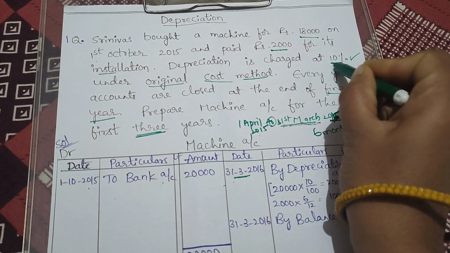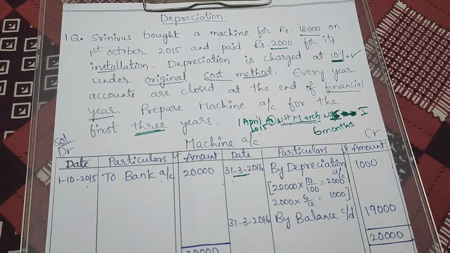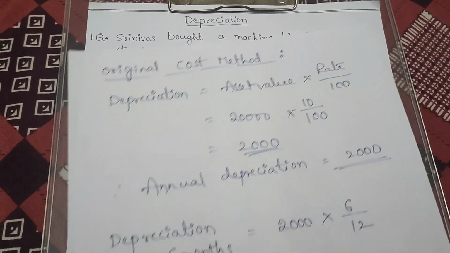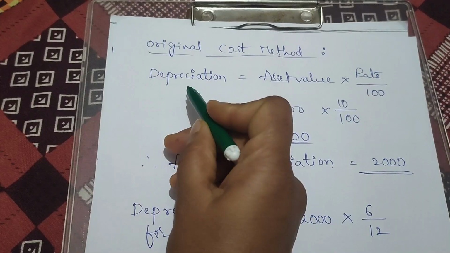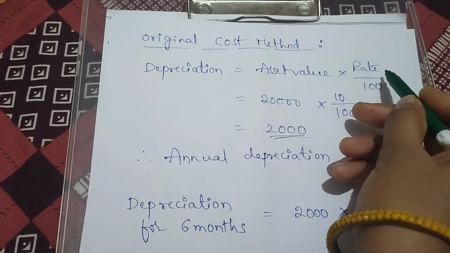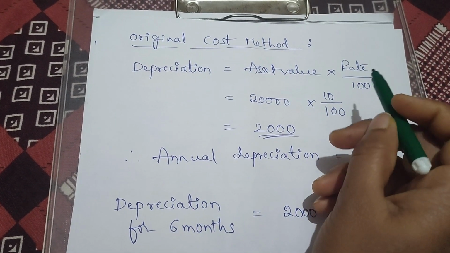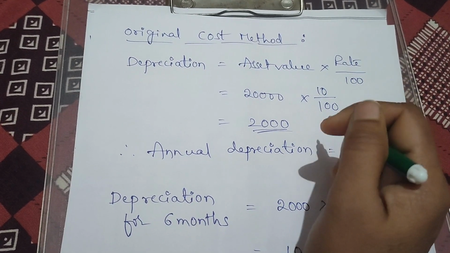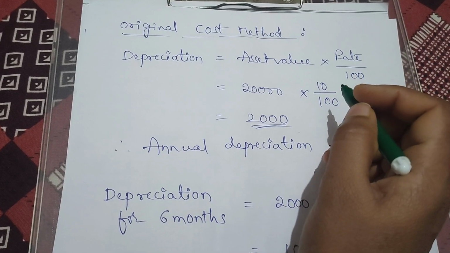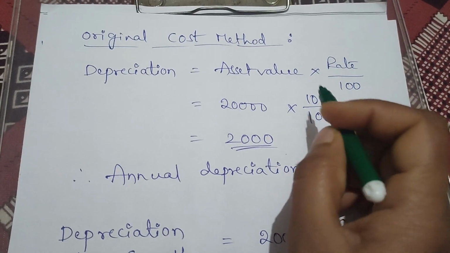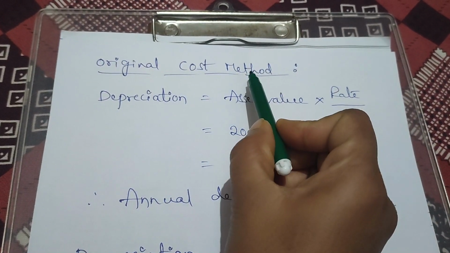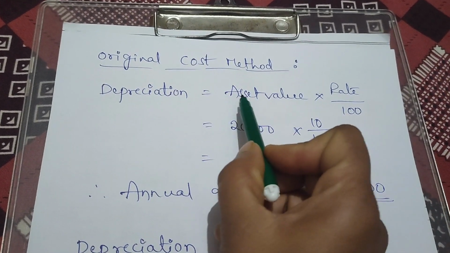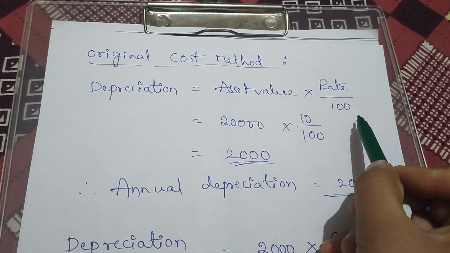If the rate is given, we take this formula: depreciation is equal to asset value into rate by 100. If the rate is not given, we take the other formula which I explained in the beginning. But here in this problem the rate percentage is given, so we are going to take this formula.